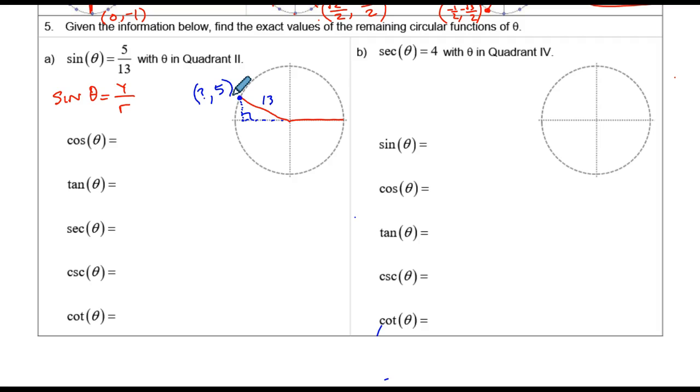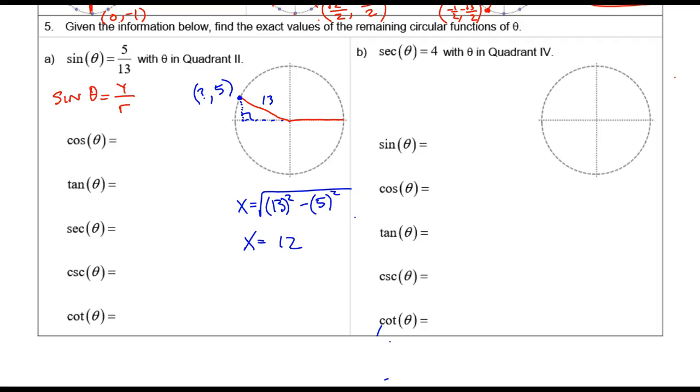I don't know what the x coordinate is, but perhaps we could use a little Pythagorean theorem here and figure out what that x value is. x is going to equal the square root of 13 squared minus 5 squared. And if you paid attention in geometry, you'll recognize that as one of our Pythagorean triples. So x equals 12.